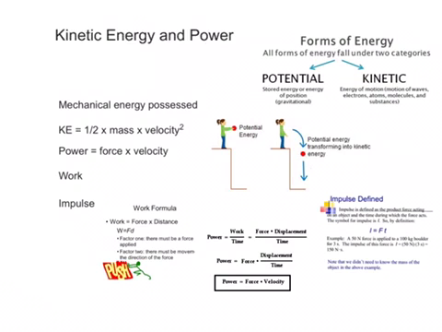So power is how much work we do over time. So when we look at that force over time, that's how we come up with the formula: power equals force times velocity. So how fast we can do our work. So if I'm lifting a weight, how fast can I lift that weight? That's demonstrating my power.